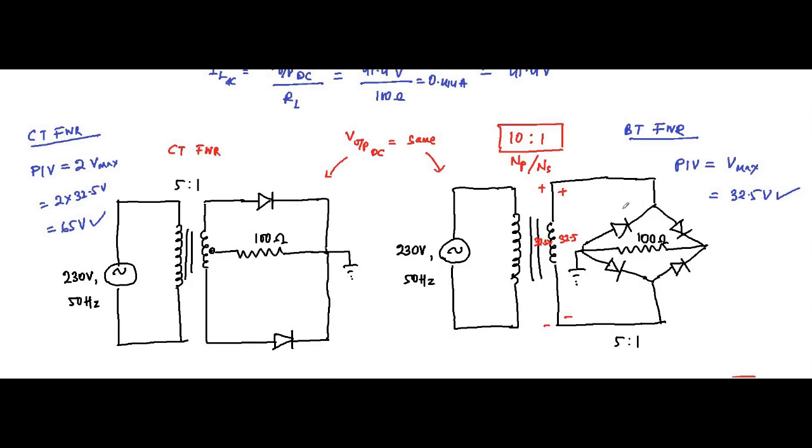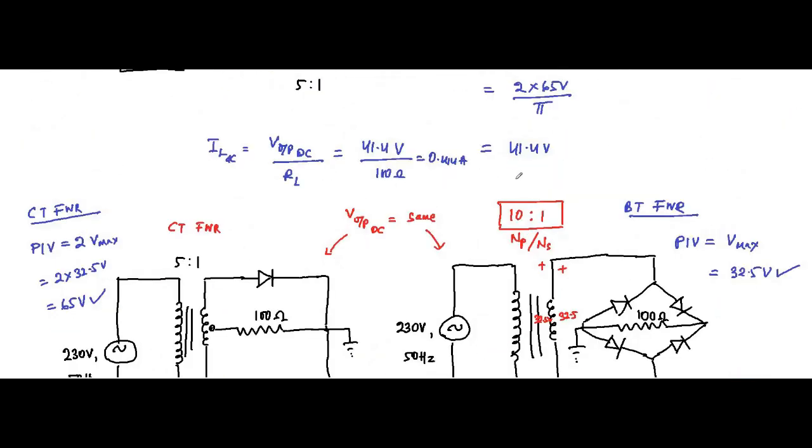So the only way we can manipulate both the circuits for the same DC output voltage is by manipulating the turns ratio. Here, for the bridge type rectifier circuit, we increase the number of turns of the primary winding. Why?